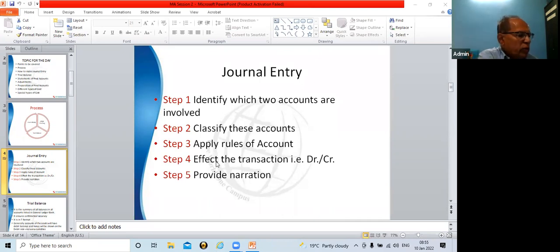To cash account rupees 1,000. So drawing account debit to cash account rupees 1,000. And in brackets give the narration: being donation paid to Chief Minister Fund as Mr. Amit's personal contribution.